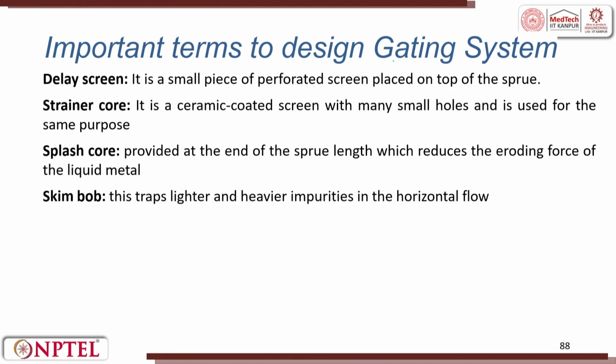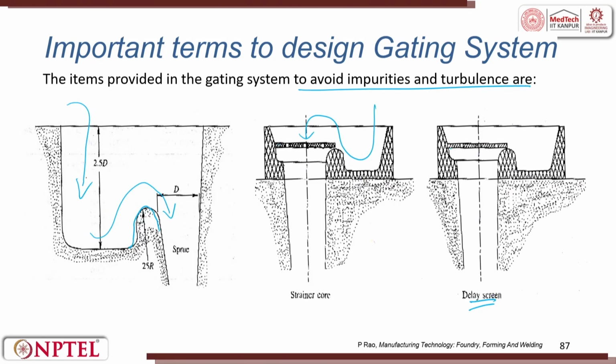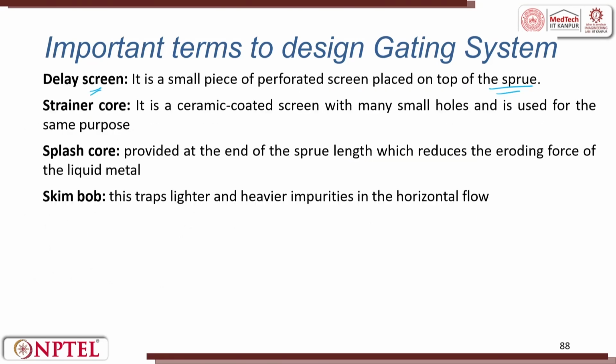So, the important terminologies here are delay screen. It is a small piece of perforated screen placed on the top of the sprue. Strainer core is a ceramic coated screen with many small holes and is used for the same purpose, for stopping small pieces.